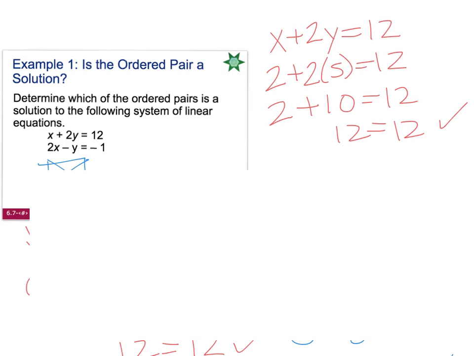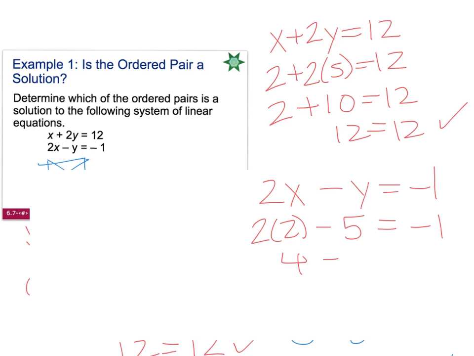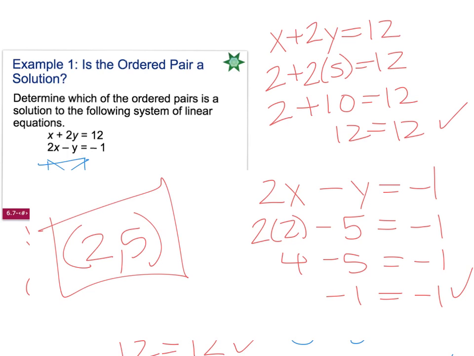Our second equation is 2x minus y equals negative 1. And again, we'll substitute the 2 in for the x and the 5 in for the y to see if we get a true statement. And this time it worked for both equations, which means the point 2, 5 is a solution to the system.